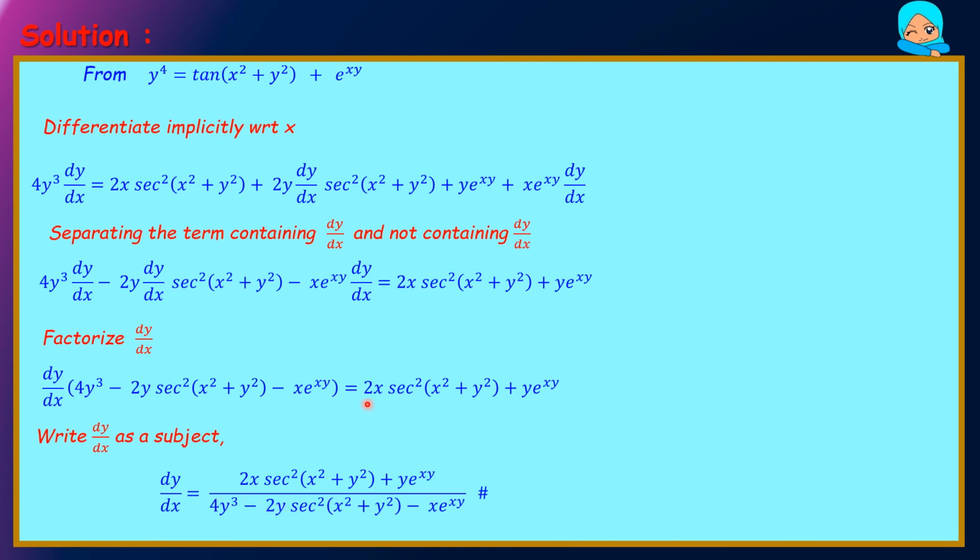So now we have dy over dx equals 2x sec squared of x squared plus y squared plus y e to the power of xy, over 4y cubed minus 2y sec squared of x squared plus y squared minus x e to the power of xy. So this is the final answer. This is our dy over dx.